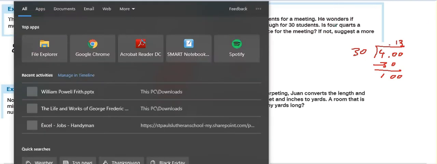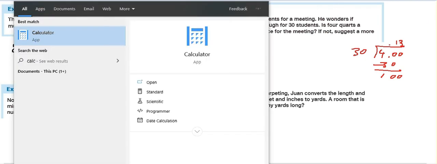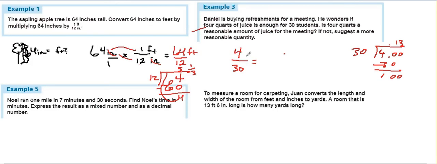Or, I guess we could just reduce this fraction. That's probably the best way to do it. 4 over 30 is the same as, divide top and bottom by 2, 2 over 15. 2/15 of a quart.